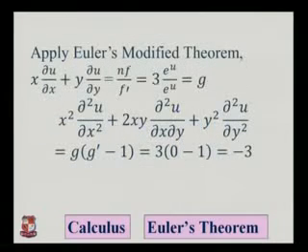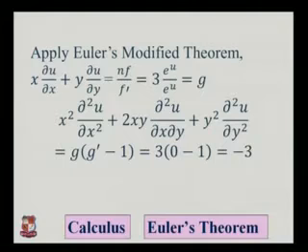For that we take x del u by del x plus y del u by del y is n into f upon f dash, which is 3 e raised to u upon e raised to u. The derivative of e raised to u is e raised to u. So this cancels out and we have the answer 3. So we have here 3 and that 3 is g, right?